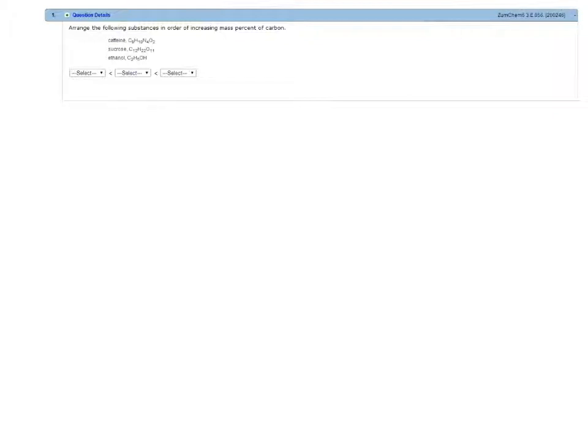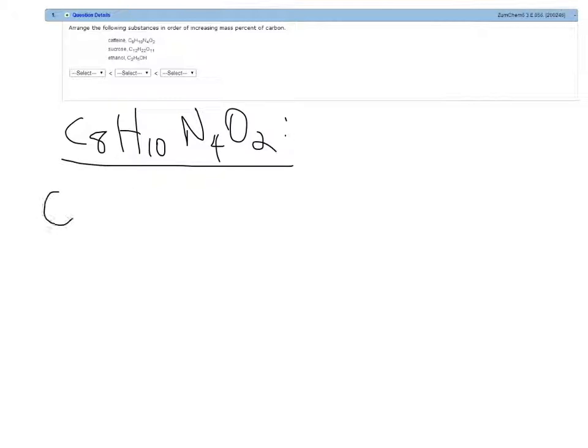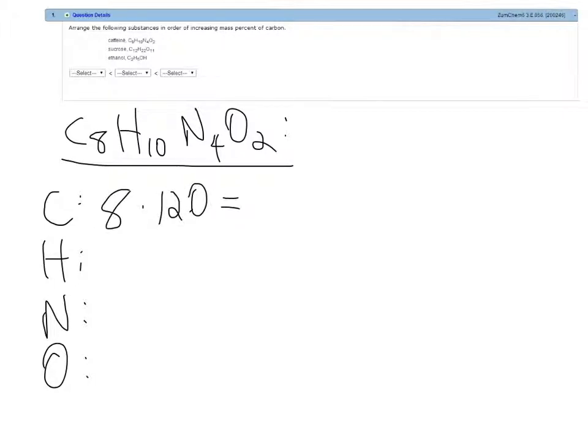So for instance, let's take caffeine, whose formula is C8H10N4O2. I would find molar mass just like we normally would with carbon, hydrogen, nitrogen, and oxygen. There's 8 carbons in that formula, and each carbon atom's atomic weight is 12, so that makes 96.